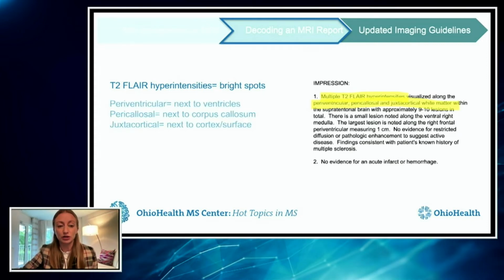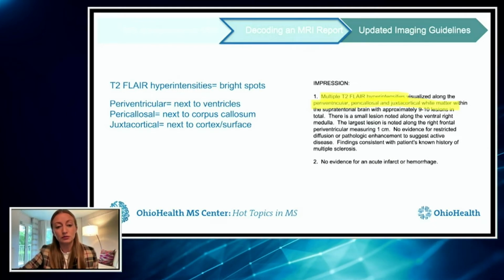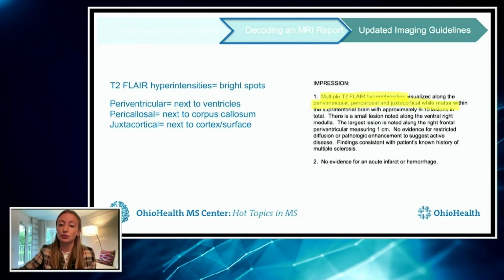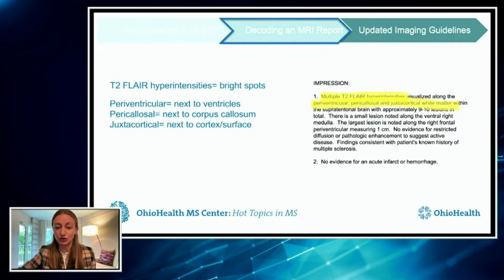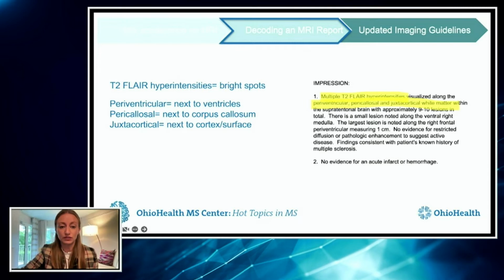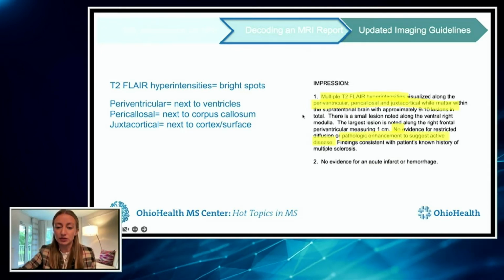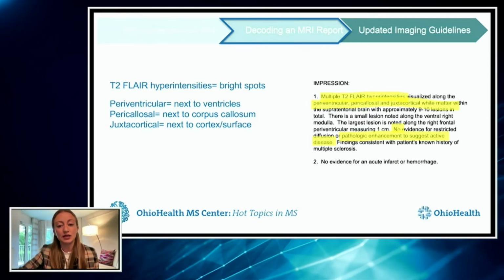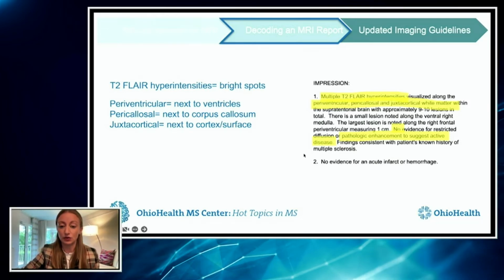So periventricular, meaning next to the ventricles, pericallosal, meaning next to the corpus callosum, and the corpus callosum is the area of the brain that connects the two hemispheres, also a classic spot for MS to affect, and juxtacortical, meaning next to the cortex or surface of the brain. The radiologist also commented that there's no evidence of pathologic enhancement. So that means we're not seeing any active inflammation or new spots, at least in the last few weeks.